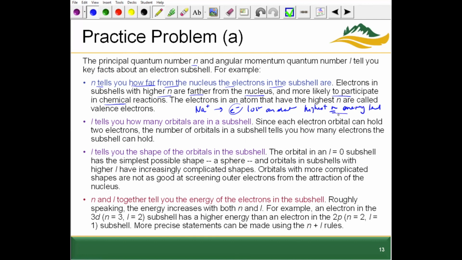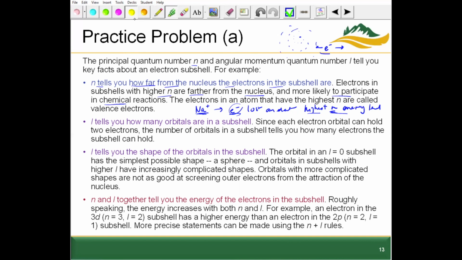That electron that could be plucked away from the sodium atom to become a cation, become an ion, had to be from the highest n energy level. The furthest n from the nucleus, because those electrons here are easier to pluck away and to form a cation in the case of sodium.